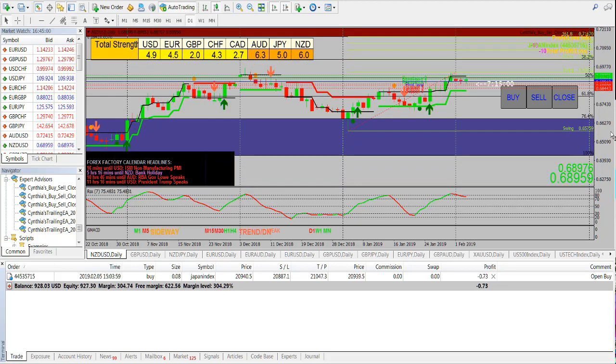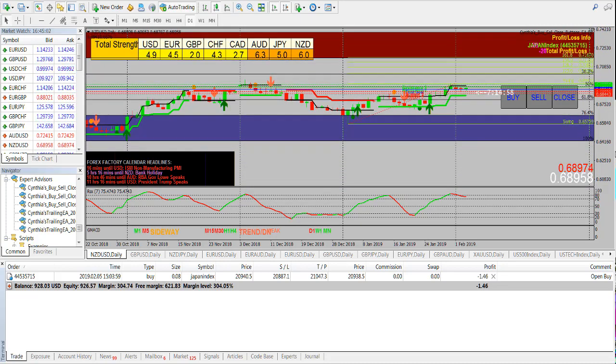Now we're looking at the New Zealand dollar, and this is my Fibonacci heat map, which is one of my favorite Fibonacci indicators. And it's showing you the blue oversold zone and the red overbought zone, but the New Zealand dollar pair is somewhere in the middle, but it's coming off of being oversold.